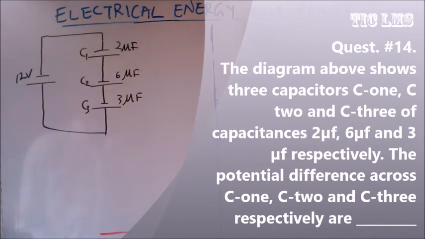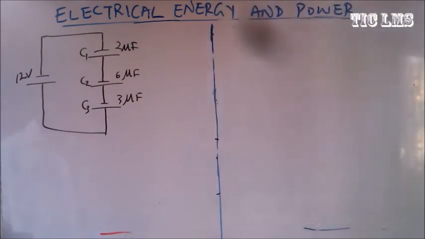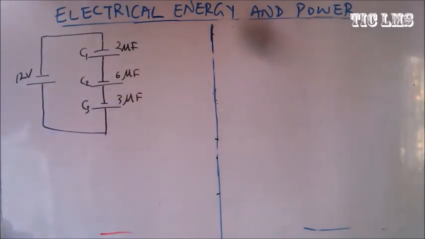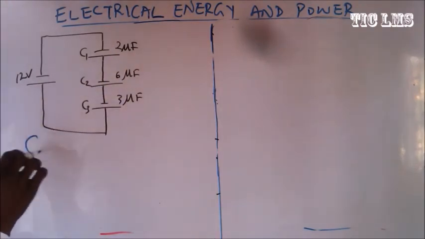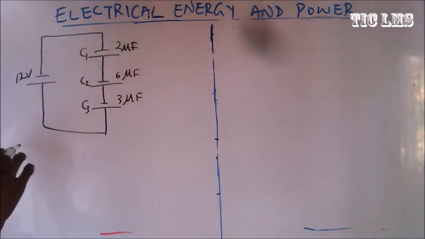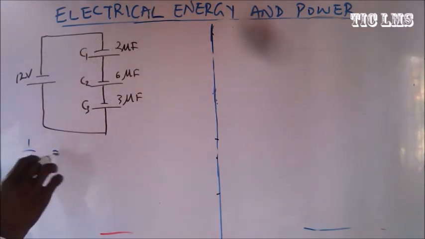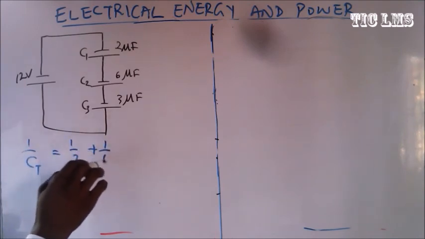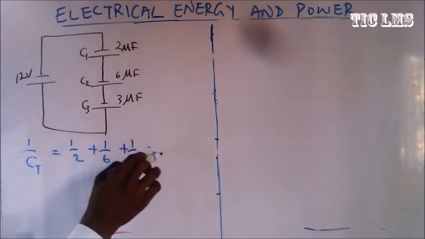Alright, so what we'll do first is to have our total capacitance, and after we've gotten our total capacitance, we shall use that to calculate the potential difference across each of the capacitors. So the total capacitance, this is a series connection, and in this series we have 1 over C total, that's total capacitance, equal to 1 over 2 plus 1 over 6 plus 1 over 3.